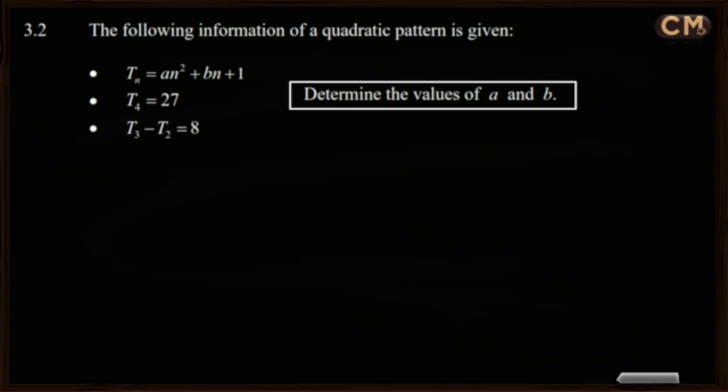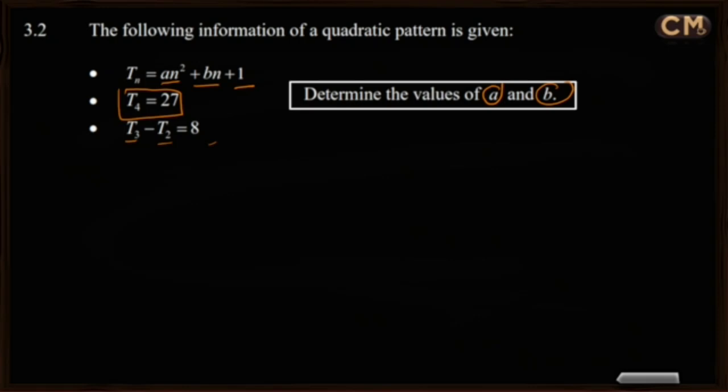The following information of a quadratic pattern is given. The general term has the form a n squared plus b n plus 1. The 4th term is equal to 27. And then the 3rd term minus the 2nd term is equal to 8. So what are we going to do with this information? We are going to use it to determine the values of a and b.